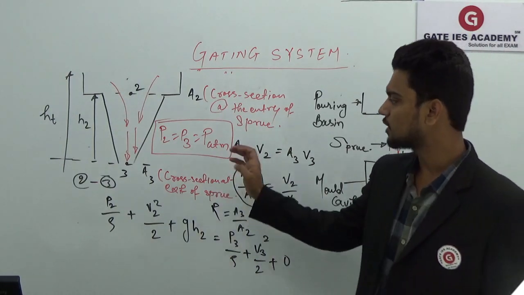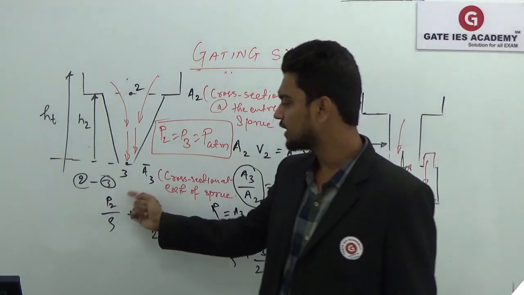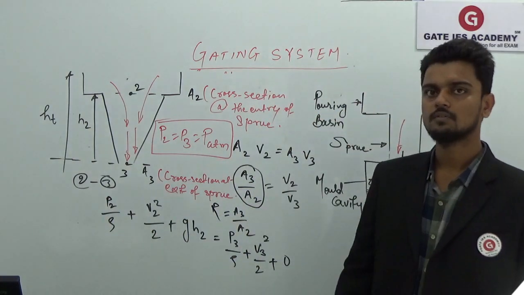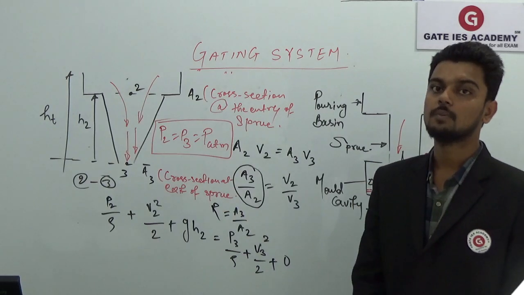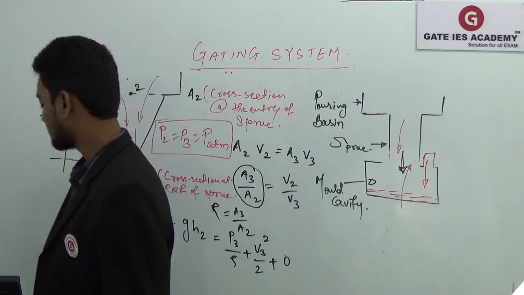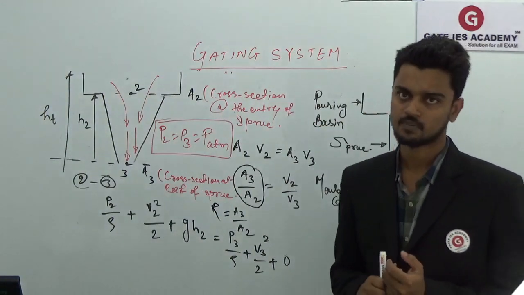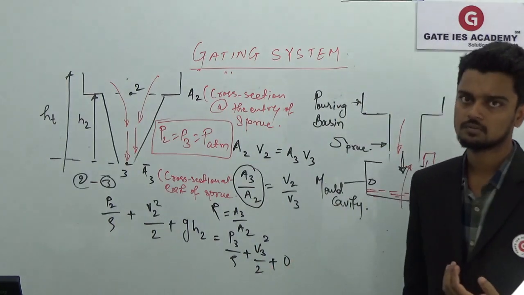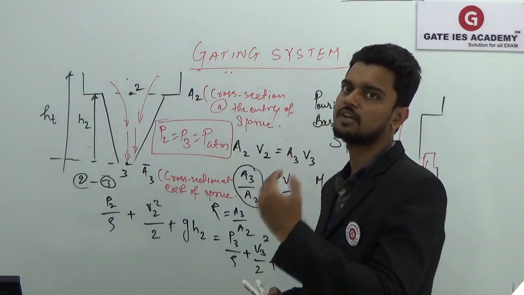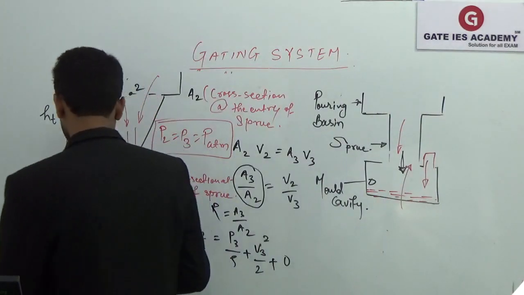Once P2 and P3 are atmospheric, the gauge pressure at P2 and P3 will be 0. We have the pressure gauge which gives you the gauge pressure, meaning the pressure above the atmospheric pressure.